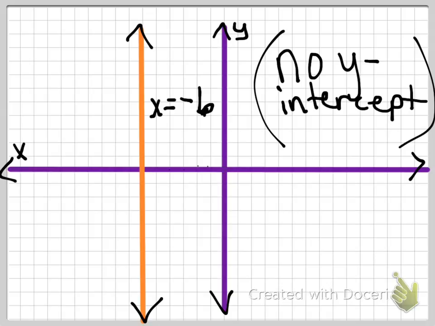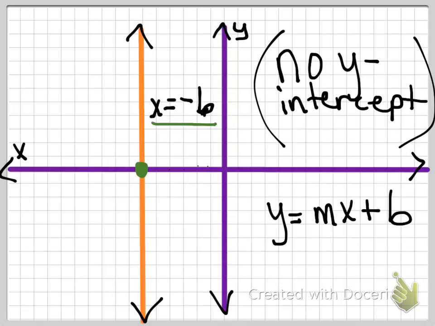If a line never crosses the y-axis, it has no y-intercept. Therefore, the equation x equals -6 never really fits into our slope-intercept form because there is no y-intercept. That being said, it does have an x-intercept because it does cross the x-axis. So the x-intercept is -6, which is seen in the equation.